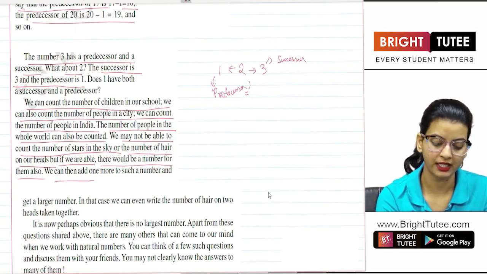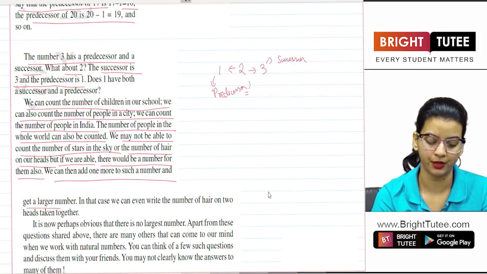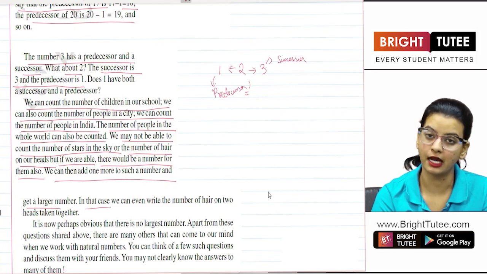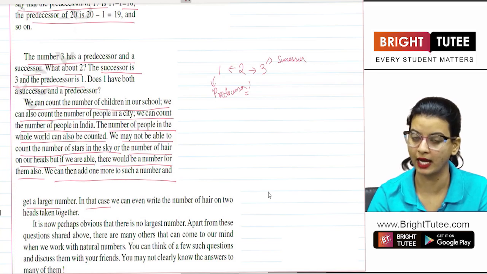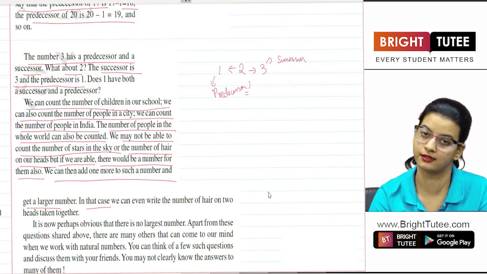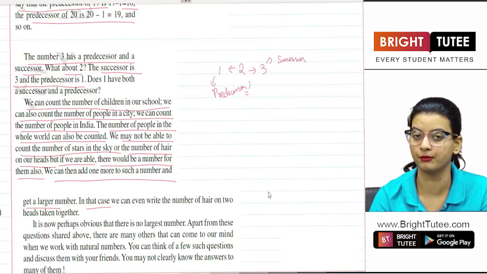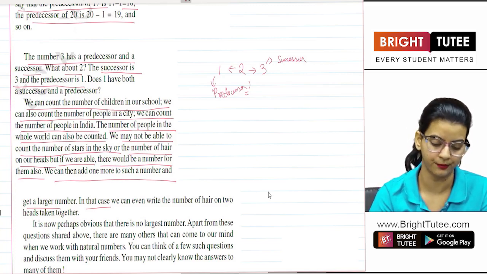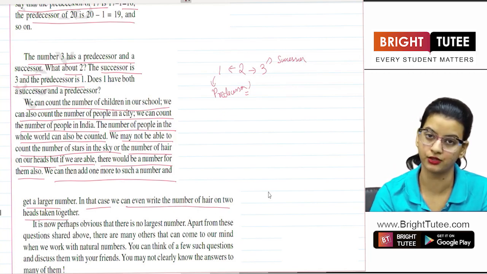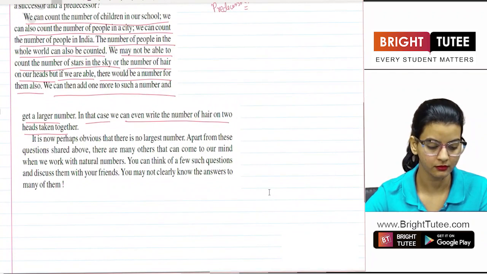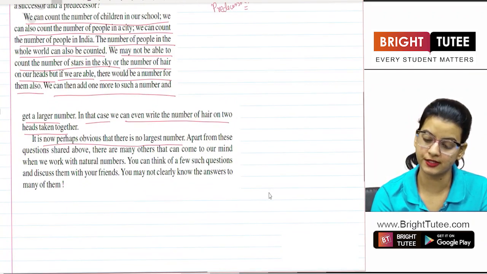So whatever number we can count, if we add one more to that, we get a larger number, which is the successor of that number. And if we subtract 1 from that, we get a smaller number, which is the predecessor of that number. In that case, we can even write the number of hair on 2 heads taken together. It is now perhaps obvious that there is no largest number.